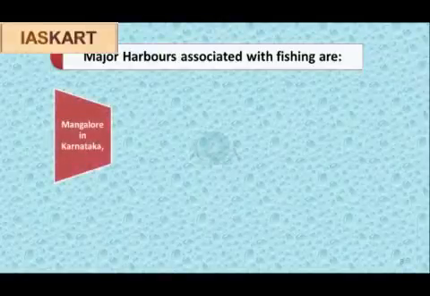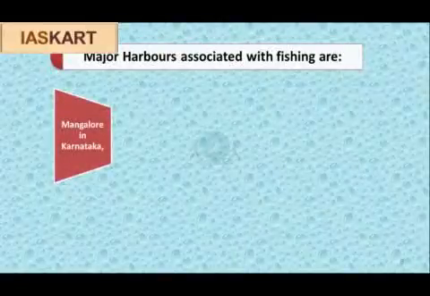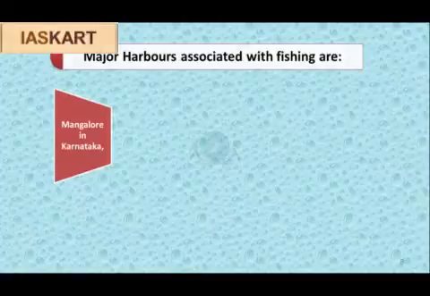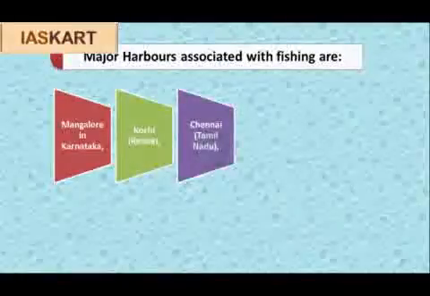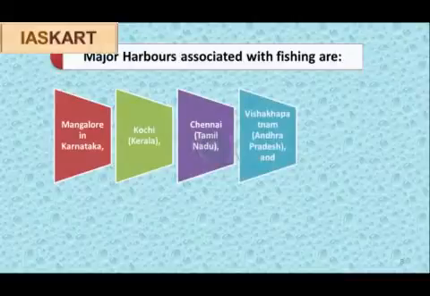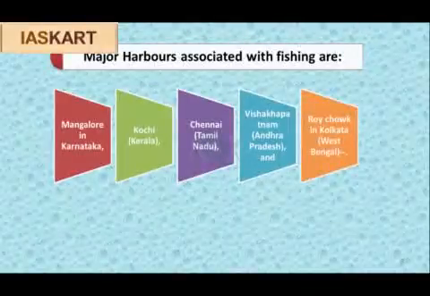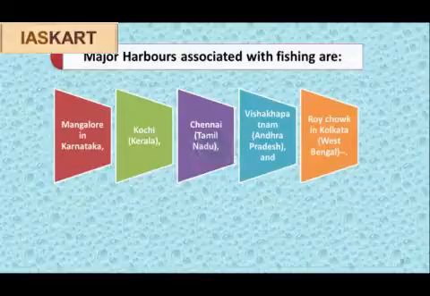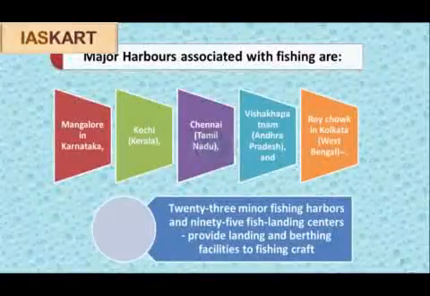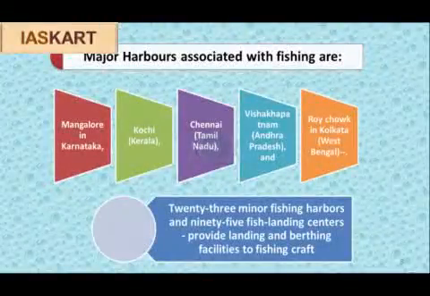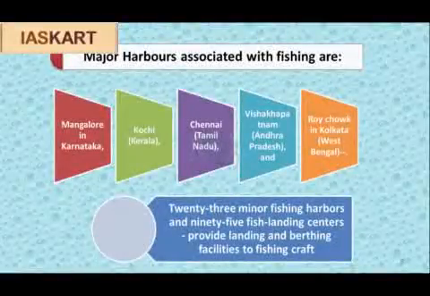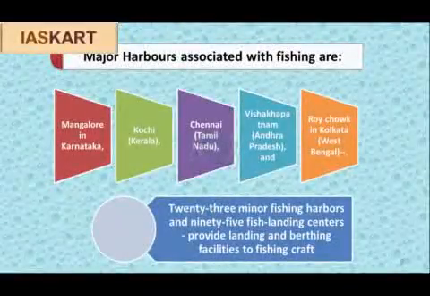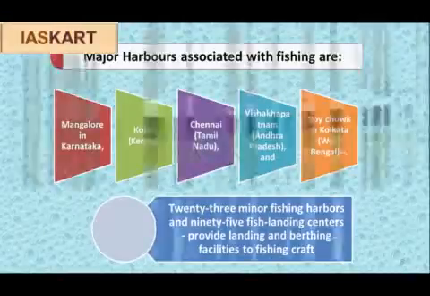Apart from 4 main harbors, that is Mangalore in Karnataka, Kochi in Kerala, Chennai in Tamil Nadu, Visakhapatnam in Andhra Pradesh, and Roy Chowk in Kolkata, 23 other minor fishing harbors and 95 fish landing centers are designated to provide landing and berthing facilities for the fishing crafts for the fishermen.